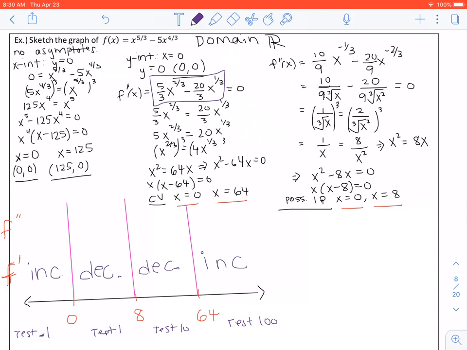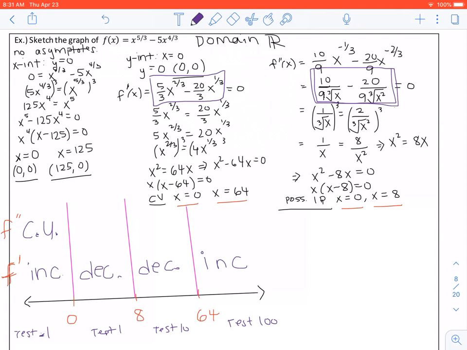Okay, from here we're going to do the same thing with the second derivative. And the second derivative, you can either look at the negative exponents or you can look at the roots. So either one of these. I'll box the second one. You can also look at the one right above it. And so again, testing those values this time in the second derivative. When you substitute those values in, for the first one, when I substituted -1, I get that it's going to be a positive value, and so that means it's concave up.